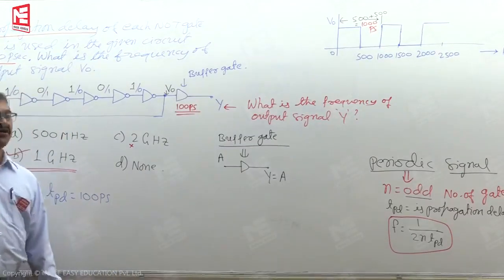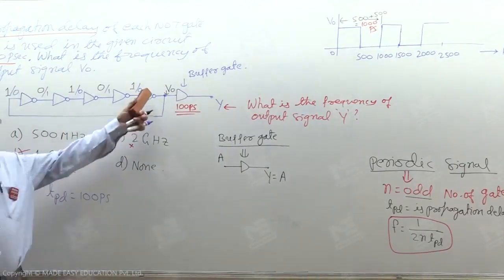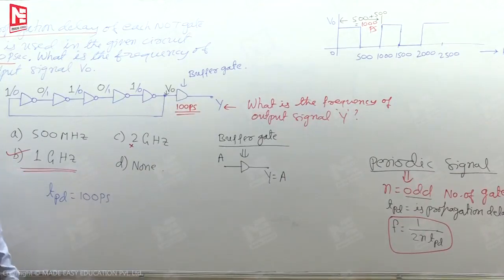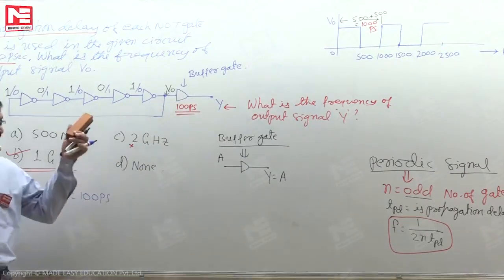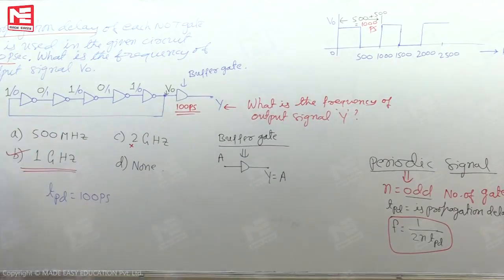Earlier we were looking at the frequency of V0. Now V0 is not the output signal. Based on this modification, as I said, part B, the output signal is Y. The question is, what is the frequency of the output signal?